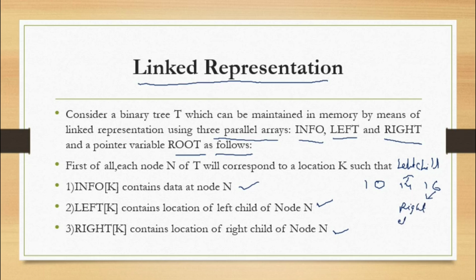And 10, 14, 16 are the locations. So that is how you need to understand it. We have a neat diagram there, so let us see that diagram and understand the concept better.